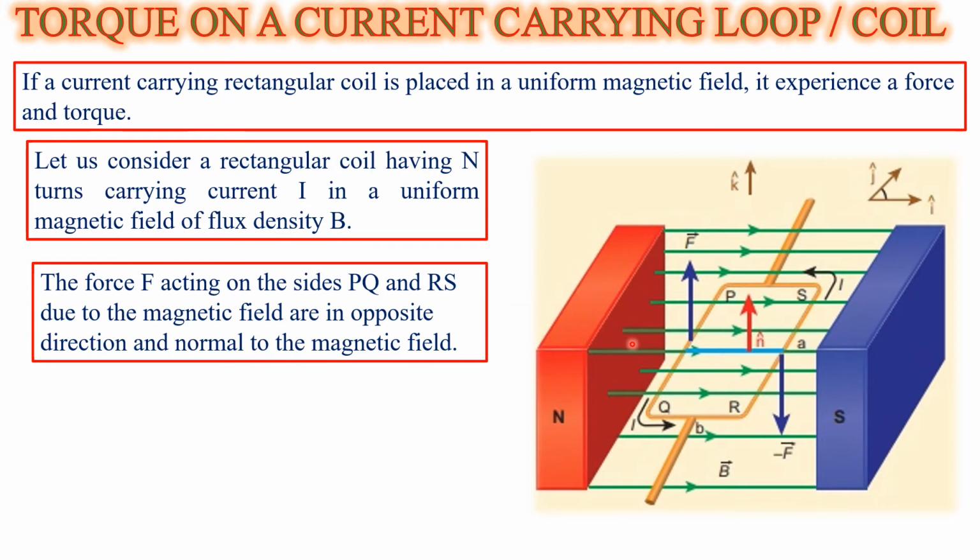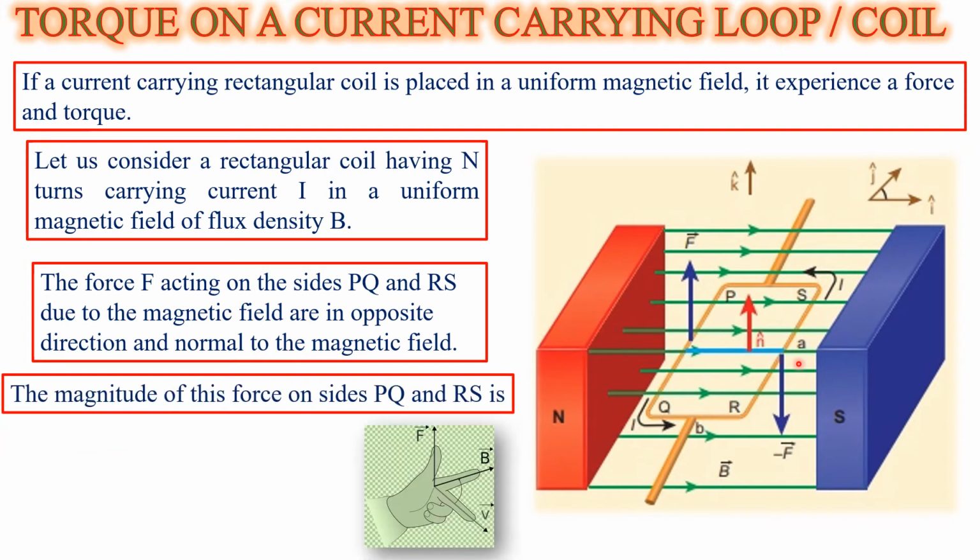We can calculate the direction of force on both sides with the help of Fleming's left hand rule. So we can use Fleming's left hand rule to find the direction of force on the side of the rectangular coil SR, and we get the direction of force on this side SR, that is downward.